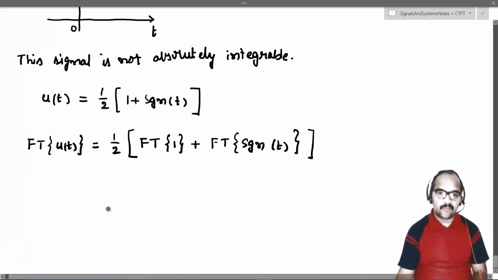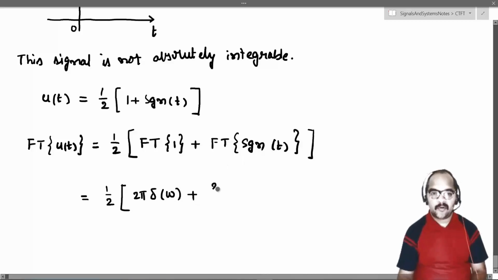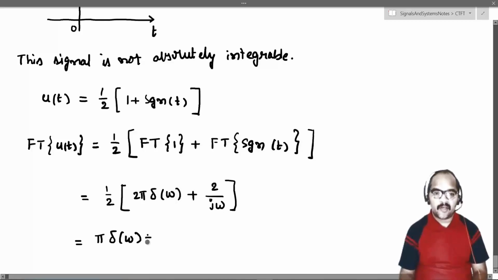So how much is this? We have just seen that the Fourier transform of 1 is 2 pi times delta of omega, plus the Fourier transform of signum of t, which is 2 by j omega. You can send the 2 inside and it will get cancelled. Finally, you will get pi delta of omega plus 1 by j omega.